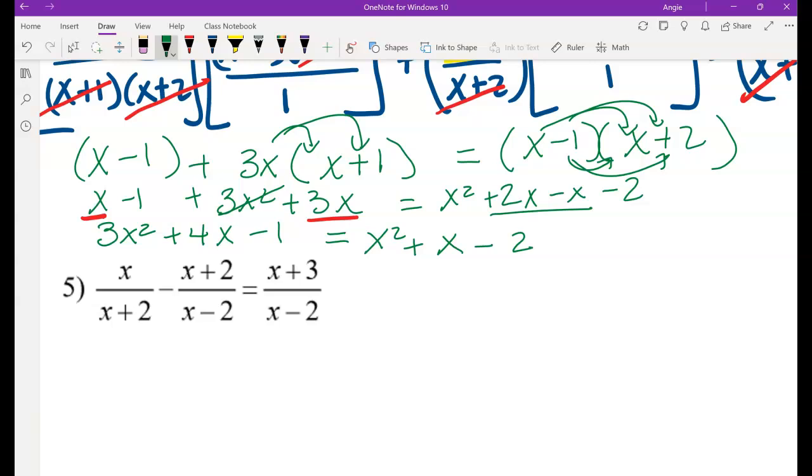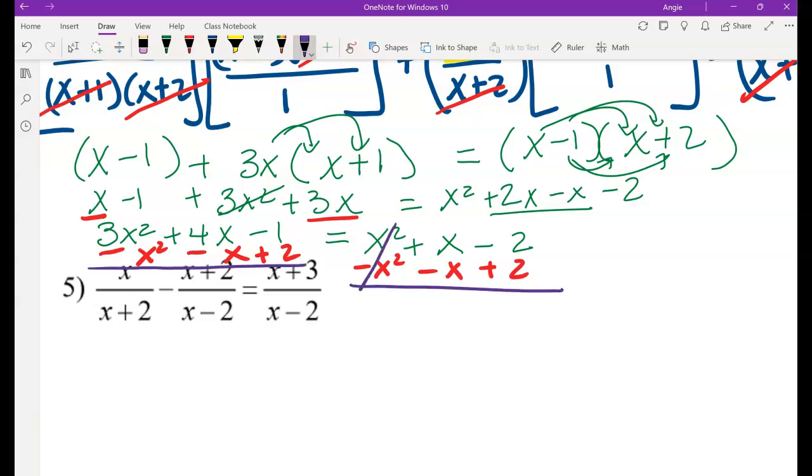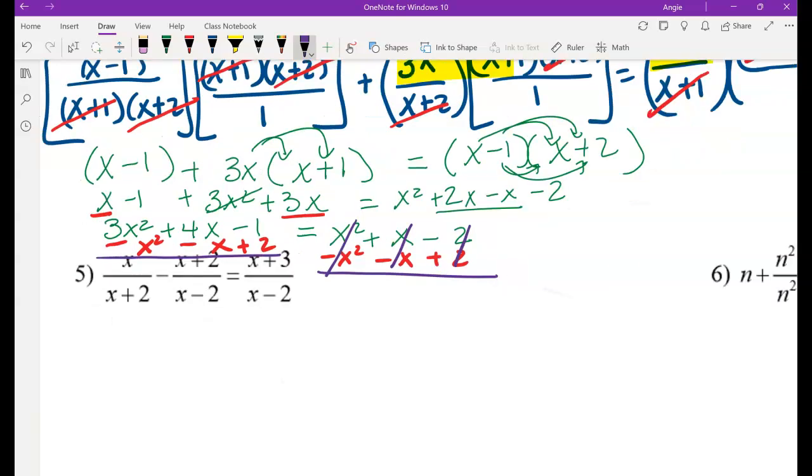Now we are going to move everything to either the right side or the left side. It doesn't matter. So I'm going to pick moving all of this over here. I'm going to need a bit more space, okay? And then +2. When you move stuff to one side, you're just doing its opposite. So let's see. These over here are now going to cancel. That will give us 0, okay?